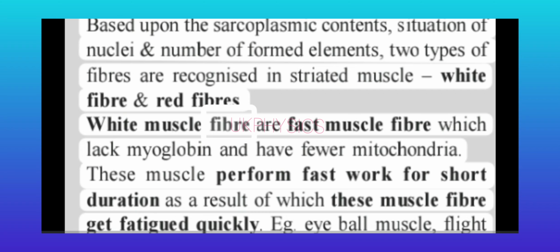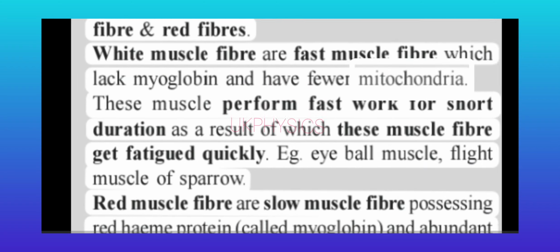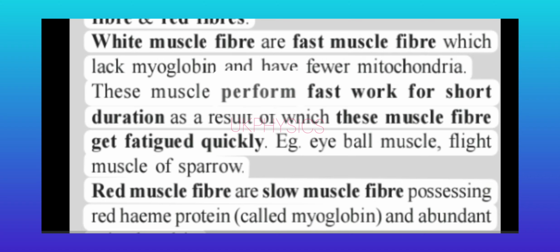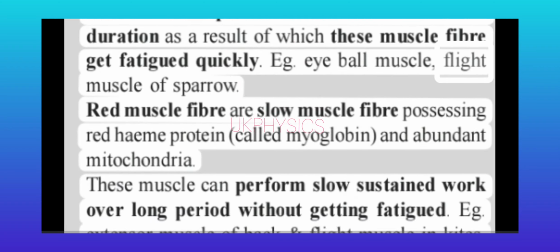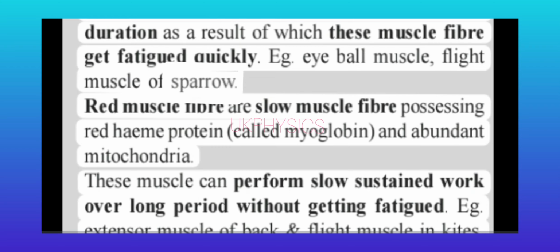White muscle fibers are fast muscle fibers which lack myoglobin and have fewer mitochondria. These muscles perform fast work for short duration, as a result of which these muscle fibers get fatigued quickly. E.g. eyeball muscle, flight muscle of sparrow.